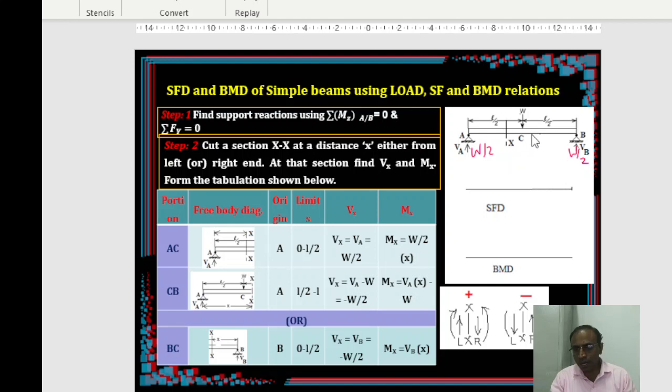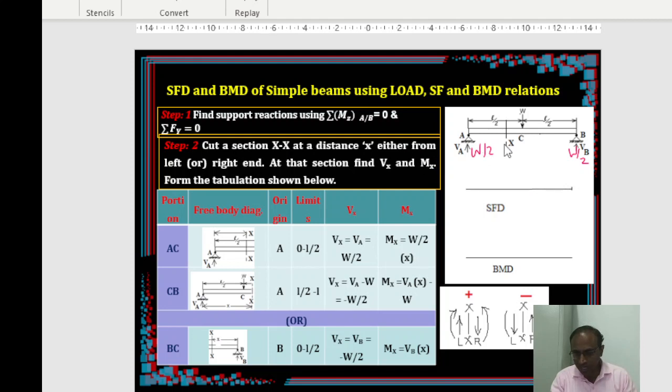Not only that, there will be several loads encountered in between. Wherever a new load comes, you are supposed to take another section there. So the number of sections depends upon the number of loads acting on the beam. Keeping these points in mind, let us proceed with this simple loading.